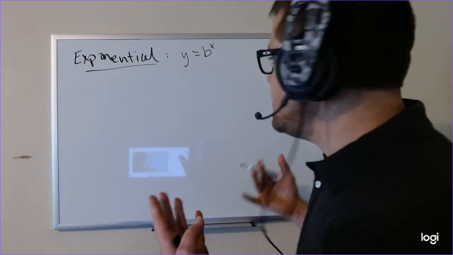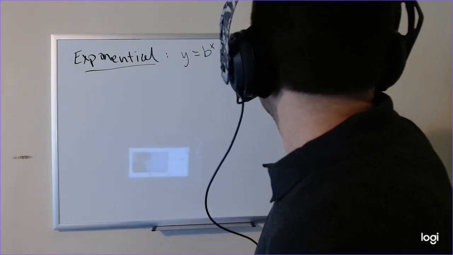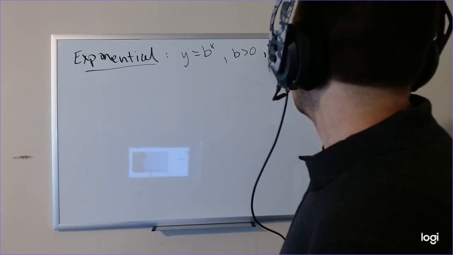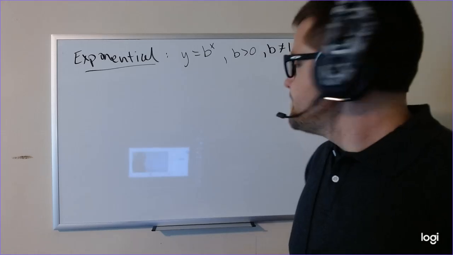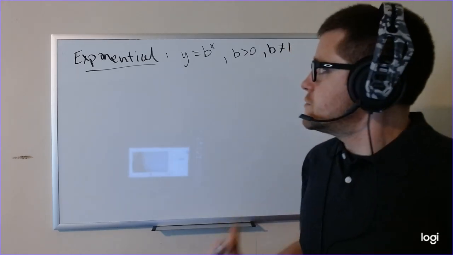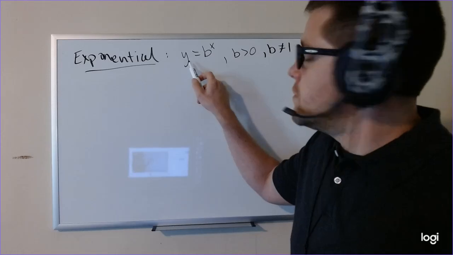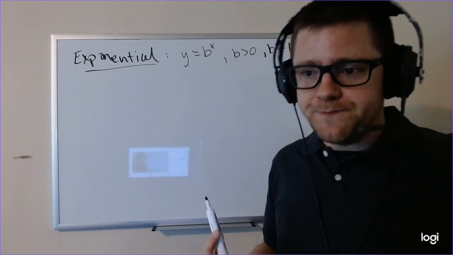Okay? And b is some base, it's positive. So b is greater than 0. And we're usually not very interested in b equals 1, so we'll just go ahead and say b is not 1. Right? So that's our exponential function. We take in an exponent x and give out the result of exponentiation by x for a fixed base b.